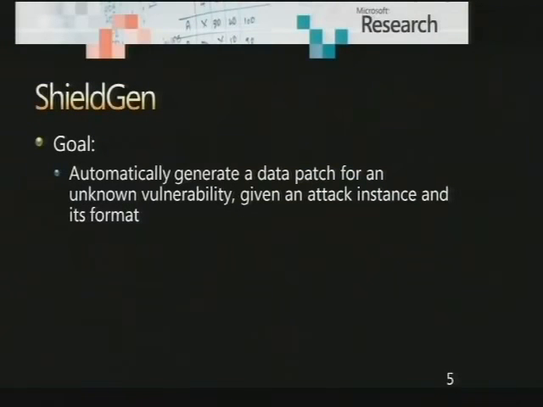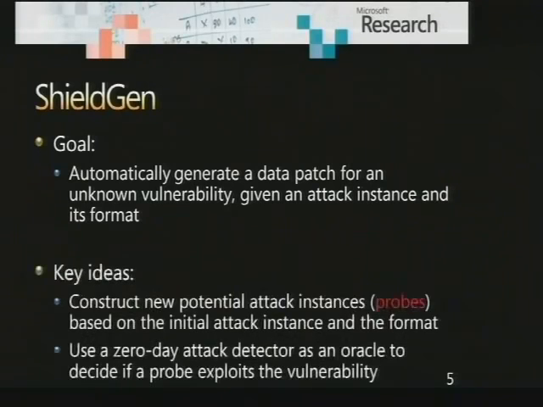To solve this problem, we developed a system called ShieldGen. The goal of ShieldGen is to automatically generate a data patch for an unknown vulnerability, given an attack instance and its format. The basic idea of ShieldGen is the following. We construct new potential attack instances, which we call probes, based on the initial attack instance and the format.